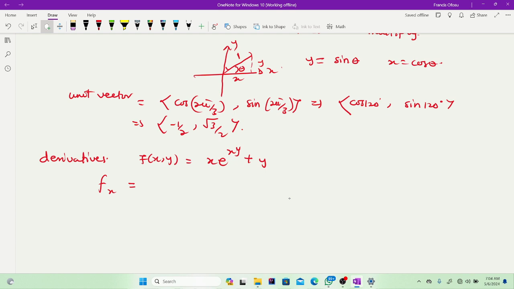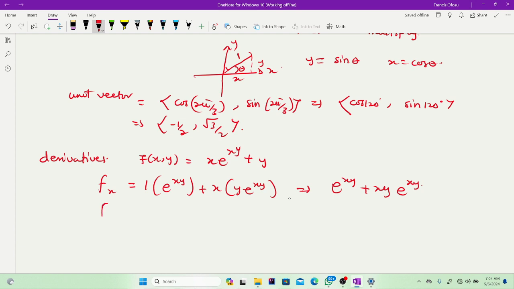I was using integration here, so sorry. For the product rule, I'll differentiate x, I'll get 1, maintaining e to the power xy, plus I'll maintain x and differentiate e to the power xy. Differentiating e to the power xy, I'll differentiate the power with respect to x and I'll get y e to the power xy. Then the y here becomes 0. So fx is equal to e to the power xy plus xy e to the power xy.